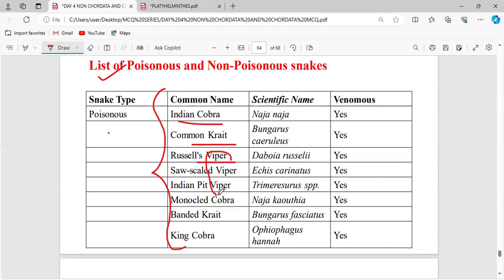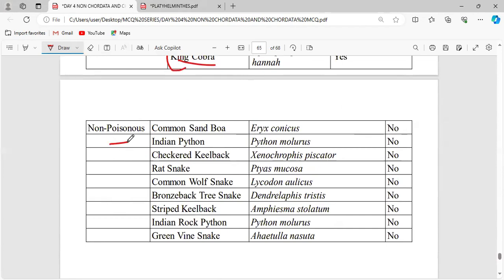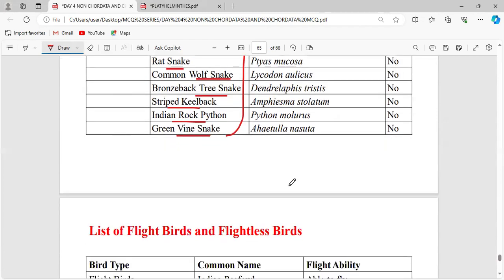Generally, viper will always be poisonous, and cobra, banded krait, king cobra, everything will be poisonous. Non-poisonous: common sand boa, Indian python, checkered keelback, rat snake, wolf snake, tree snake, striped keelback, Indian rock python, green vine snake. Kindly try to read the scientific names also.